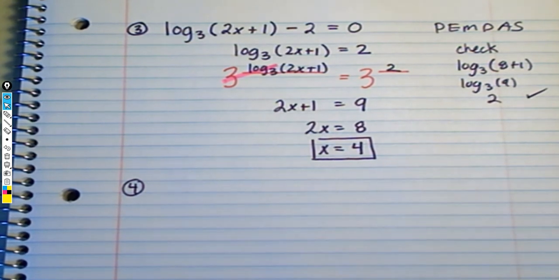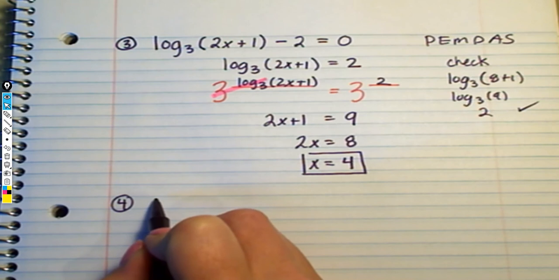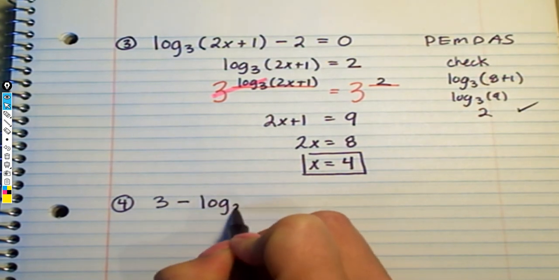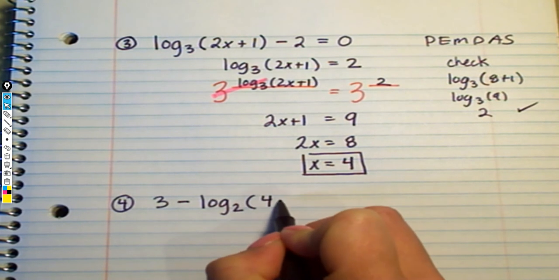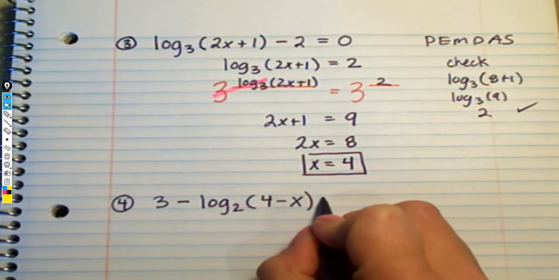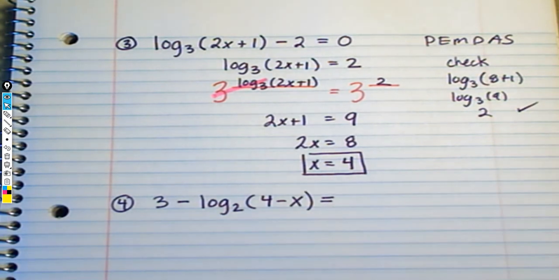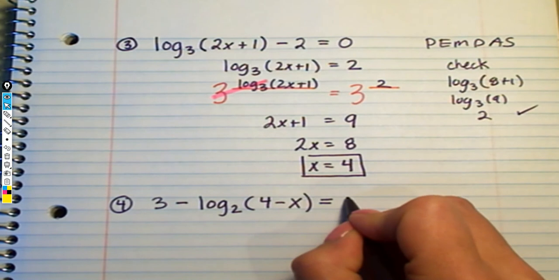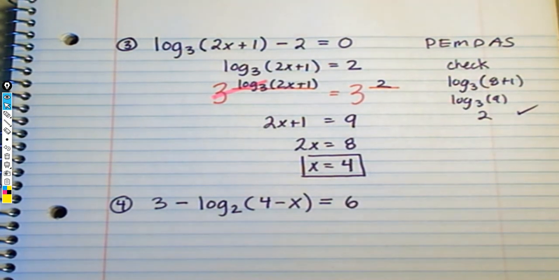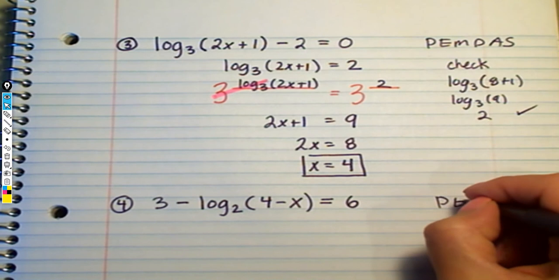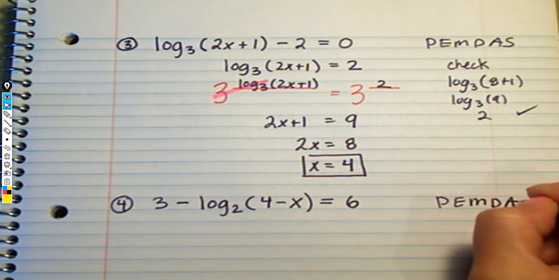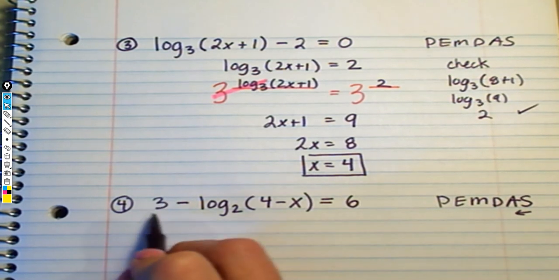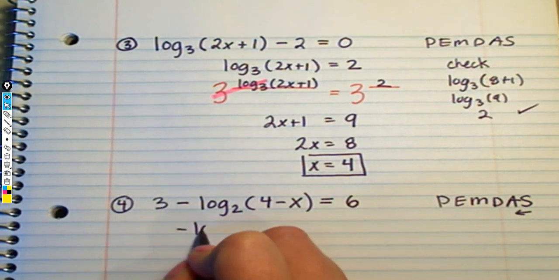Let's do 3 minus log base 2 of 4 minus x equals 6. I am thinking of my PEMDAS, and I notice that I've got this 3, so I'm going to subtract this 3 first.